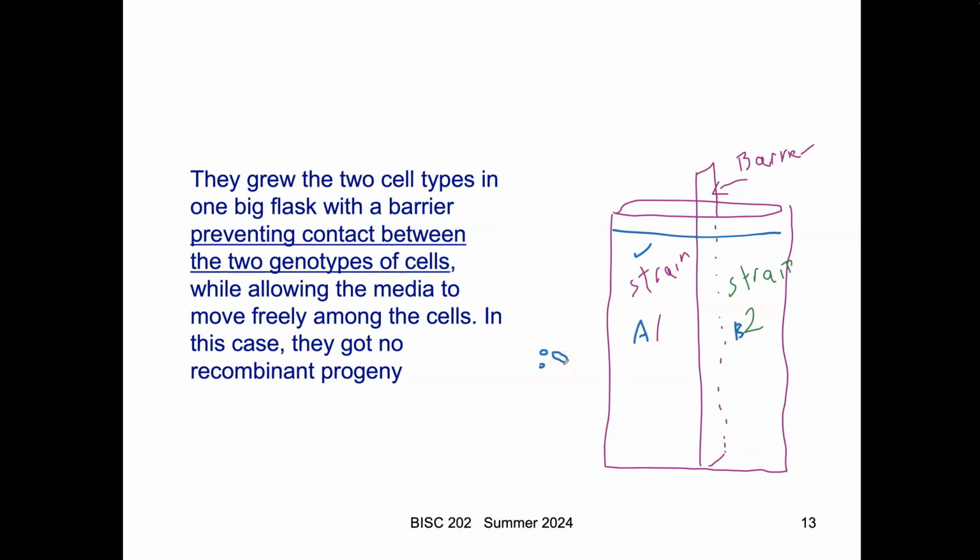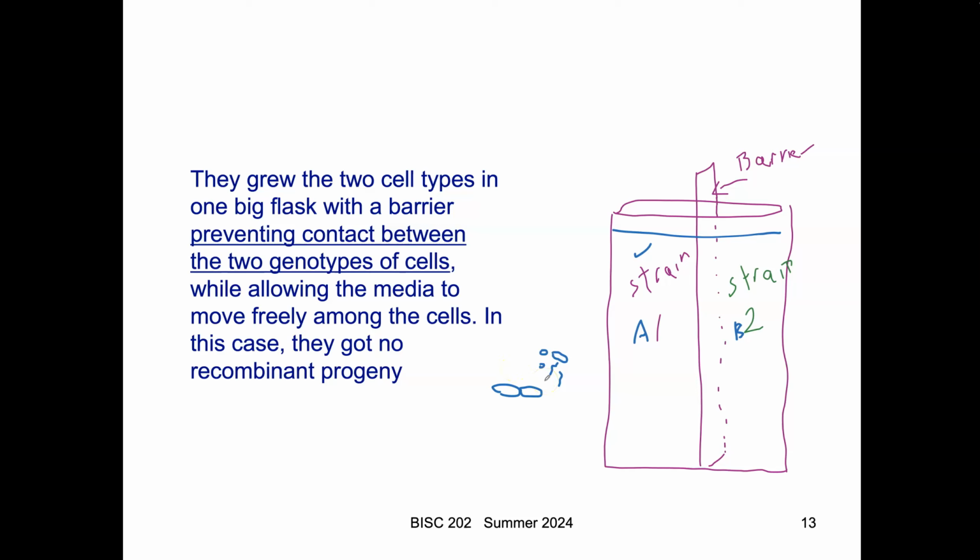And so the question they were trying to ask here is, do the cells actually have to come into some kind of physical contact in order for this genetic exchange to take place? Or is the genetic material, the DNA, being let out into the medium, into the fluid by some of the cells, and then somehow it can be taken up by the other cells?